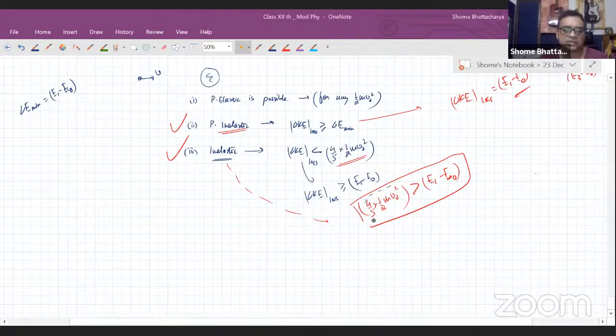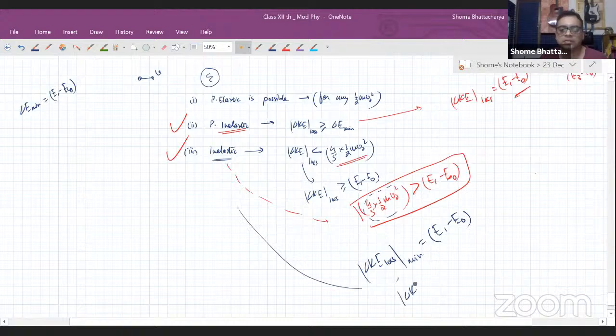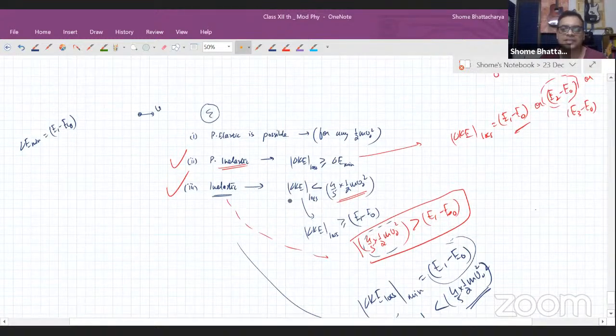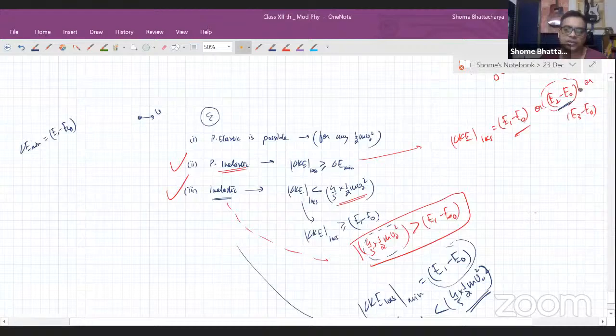Now my delta K loss, this thing's minimum value should be equal to E1 minus E0. But in the case of inelastic collision, this loss itself is less than 4 by 5 half mv naught square. That is why my 4 by 5 half mv naught square has to become greater than this. So the next possible value for which I can get perfectly inelastic is this one. For that value, perfectly inelastic will also be possible, but inelastic will also be possible. That's why.